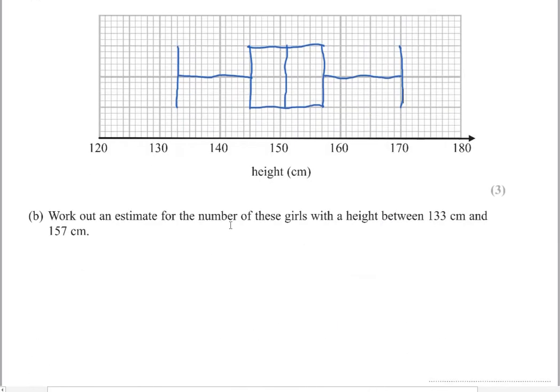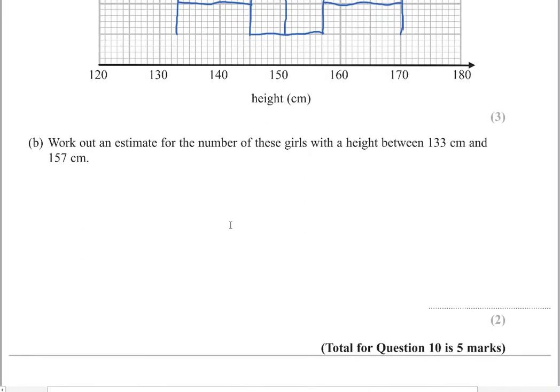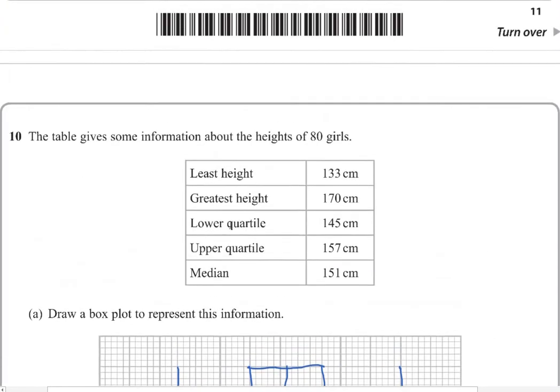Okay. Work out an estimate for the number of these girls with a height between 133 and 157. So 133 is our lowest, and 157 is our upper quartile. So this means we're looking at, well, we know the upper quartile is sort of the 3/4 point, so we're looking at the upper quartile to the first value.